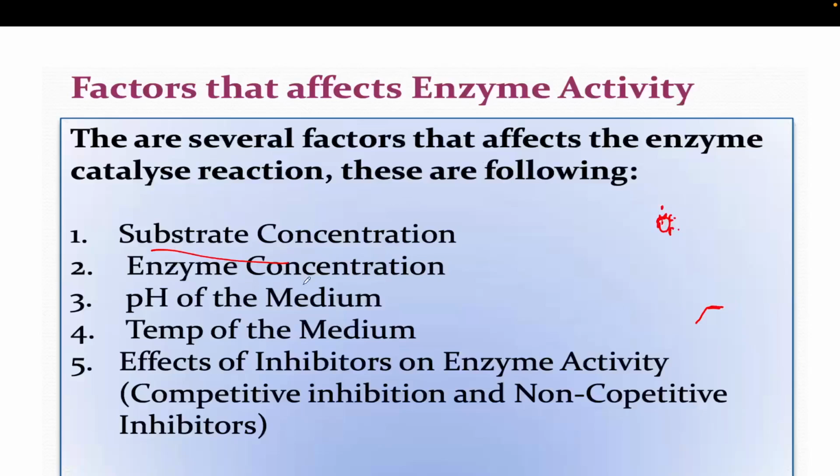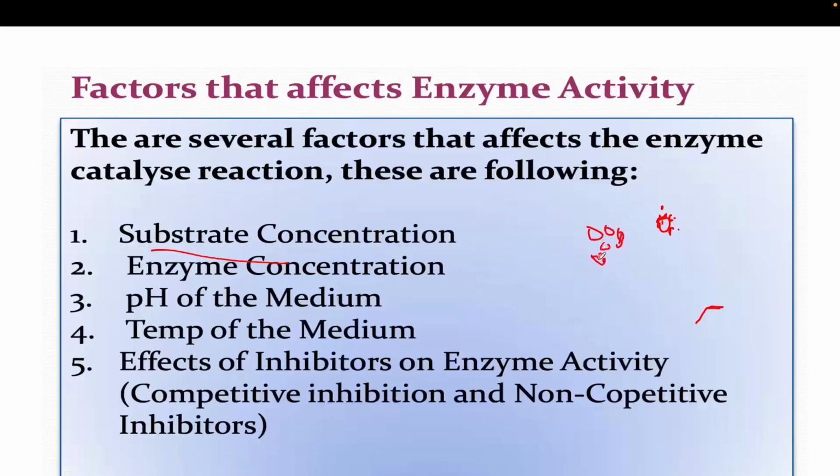Then the second one is the enzyme concentration. It is the vice versa of the substrate concentration. Suppose there is the same type of substrate but in very large quantity. When you give a single enzyme here, it has only a single site, right?